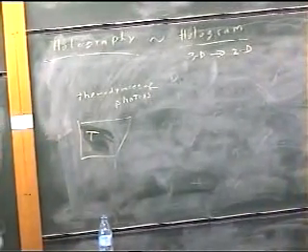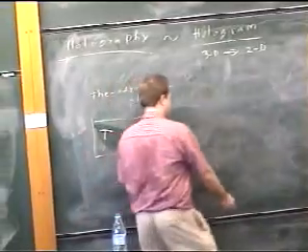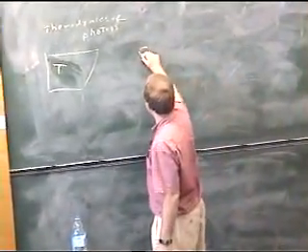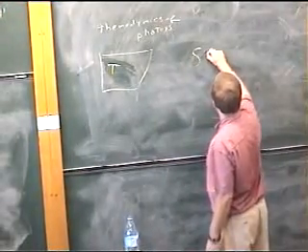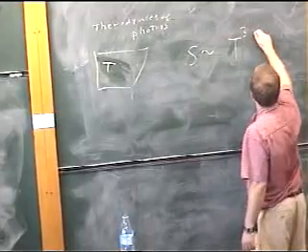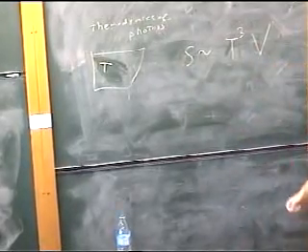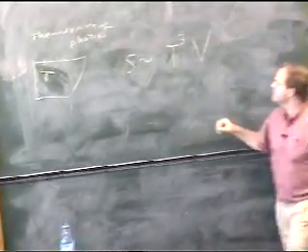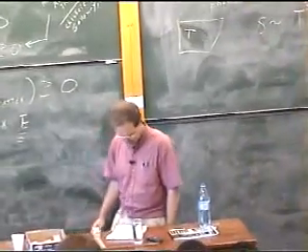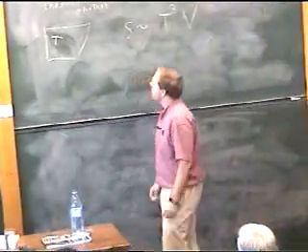And I ask you, what is the entropy in this box? Then it's a standard thermodynamic calculation, I'll just write down the answer, that the entropy is roughly the temperature cubed times the volume of the box.